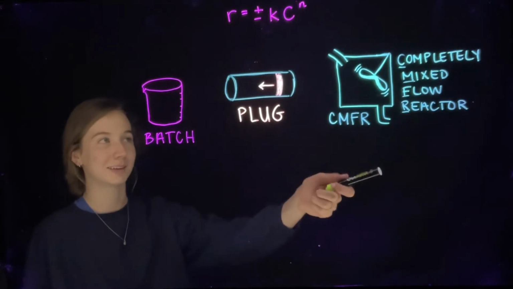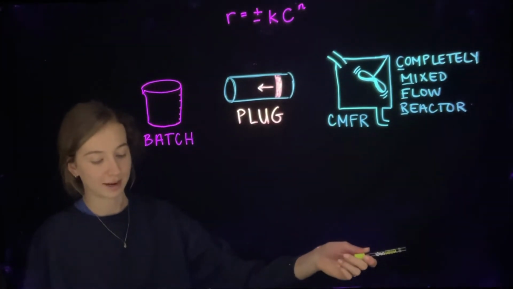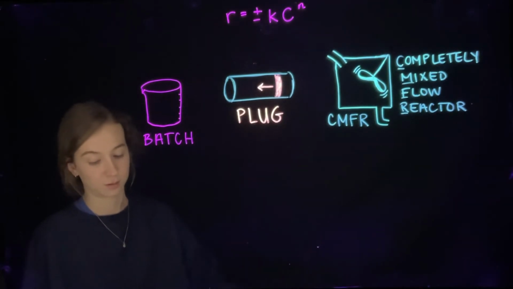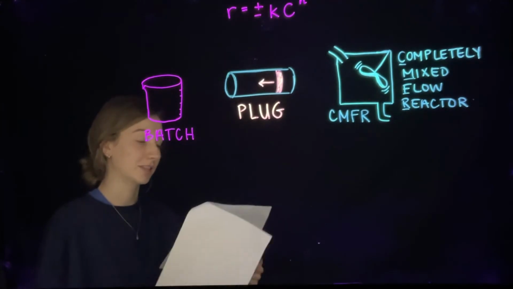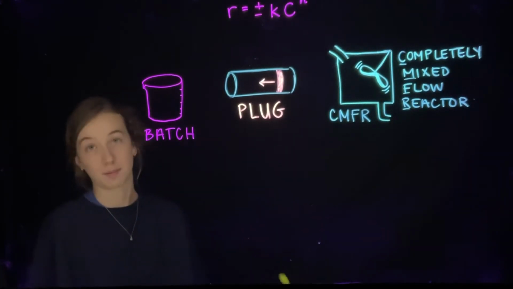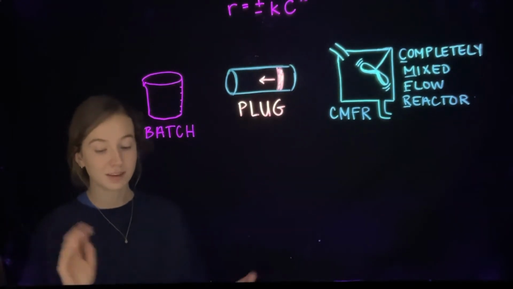The third type of reactor is a completely mixed flow reactor. So flow through the reactor is occurring and mixing is performed inside the reactor to speed up the reaction. CMFRs are typically used to represent things like a rapid mix chamber for alum addition at a drinking water treatment plant, or even ponds or lakes.